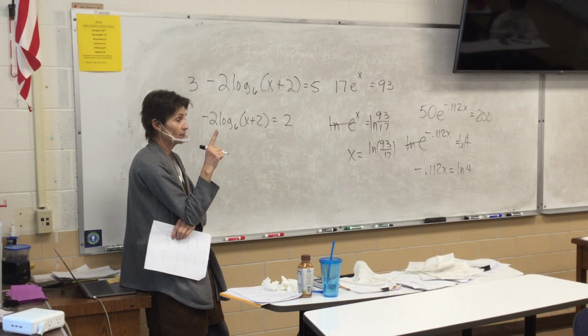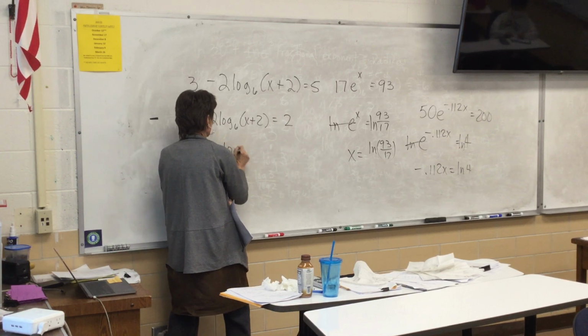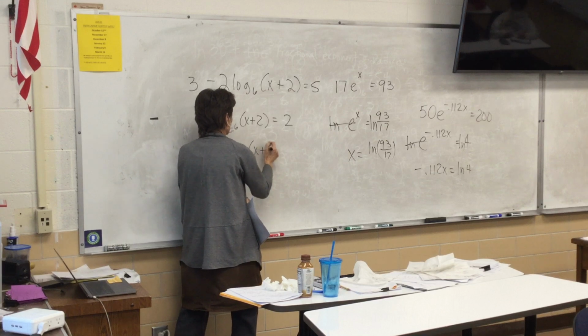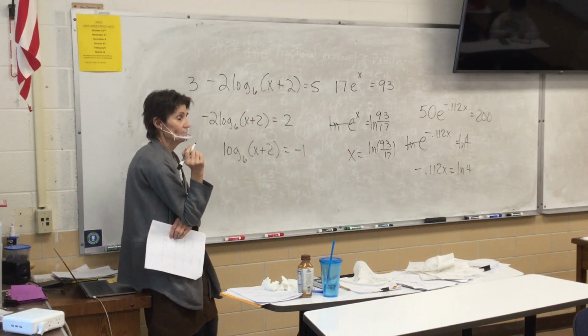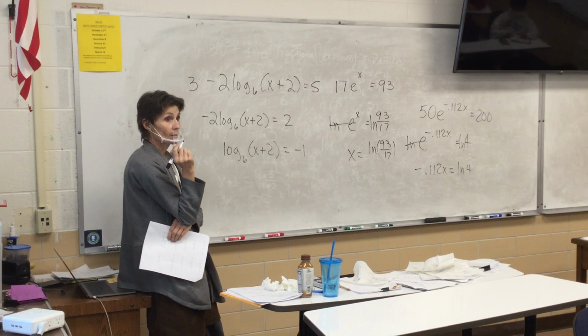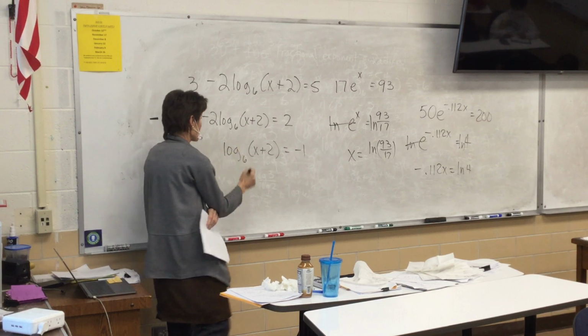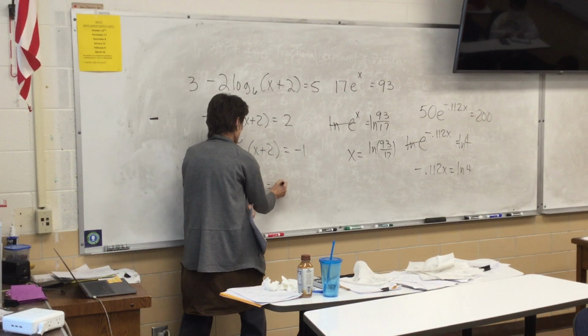Now what? You still can't loop-de-loo. Divide by -2. Now can I loop-de-loo? Yep. So 6 to the negative first equals x plus 2.